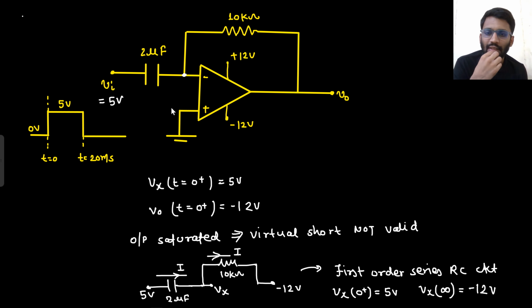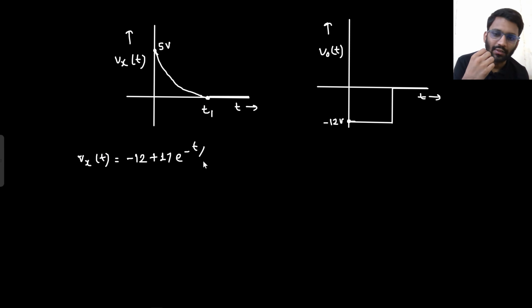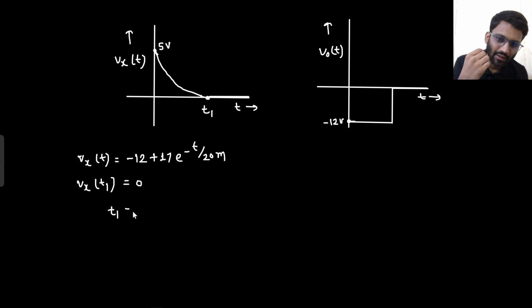RC value is what? 20 milli. t by RC, 20 milli. But at t equals T1 it is 0. At t equals T1 it is 0. So what will be the value of T1? That would be 20 milli ln 17 by 12.